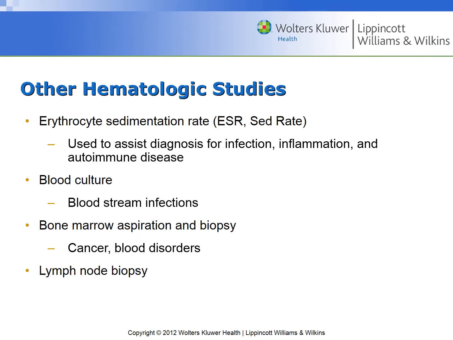Lymph nodes. So your lymphatic system is sort of like the body's storm drain, if you will, with the lymph nodes being the wastewater processing plant. So if we suspect that there is an issue, we may biopsy a lymph node to find out, okay, what has been going on here?